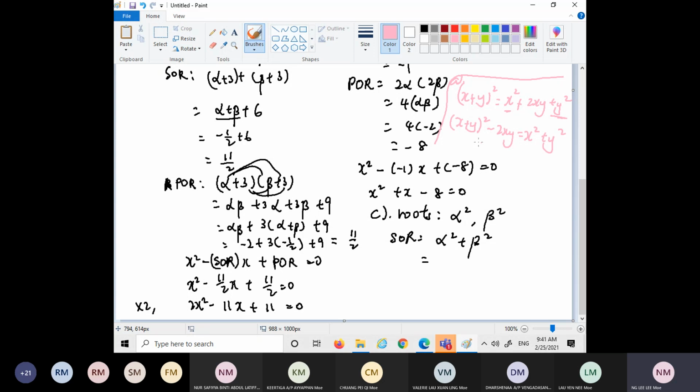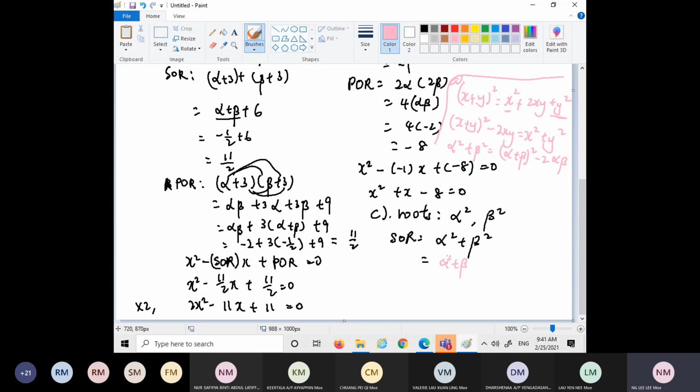Therefore I can write in this way: alpha plus beta, the x as my alpha, the y as my beta, so it will become alpha plus beta squared, minus 2 alpha times beta. Now you see my SOR is here, POR is here. Therefore this one I can continue.